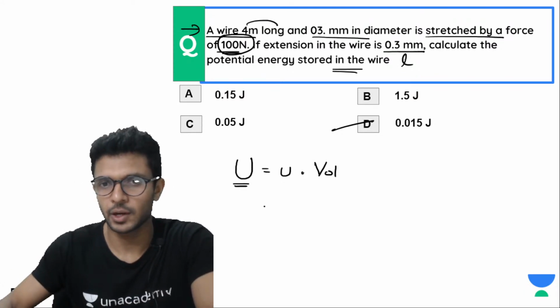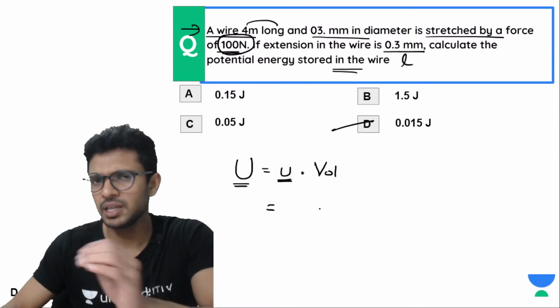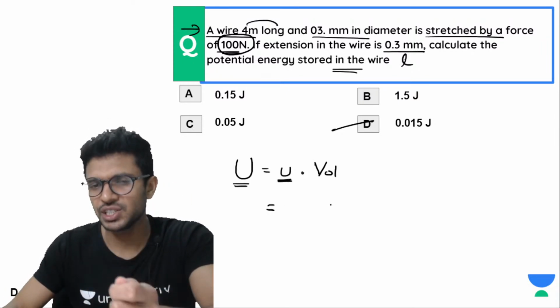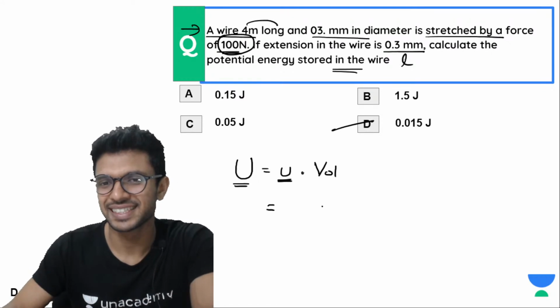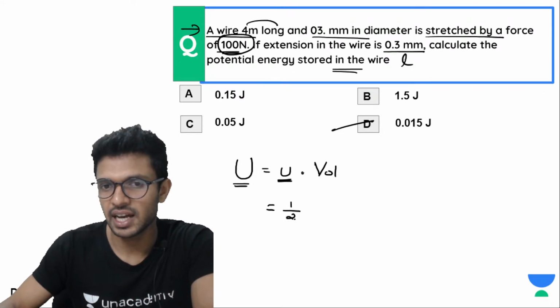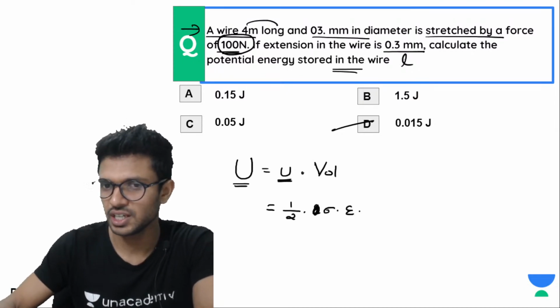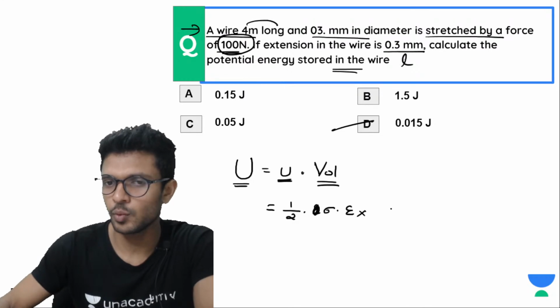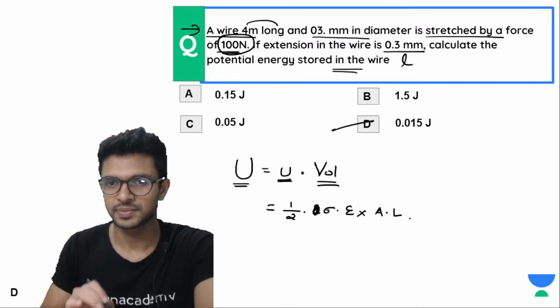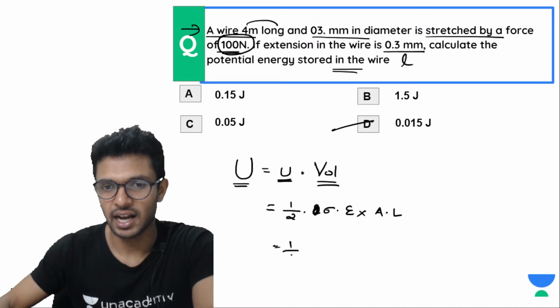Okay? Tell me one of the equations of potential energy density with stress. I'll tell you. It's half stress into strain, multiplied by volume. How will you write volume? Area into length. Then again, half into, what is the formula of stress?